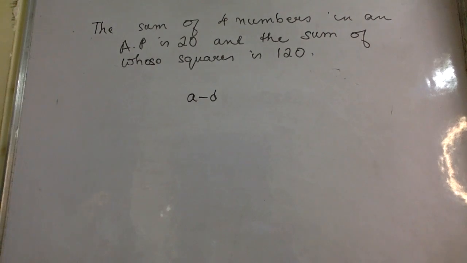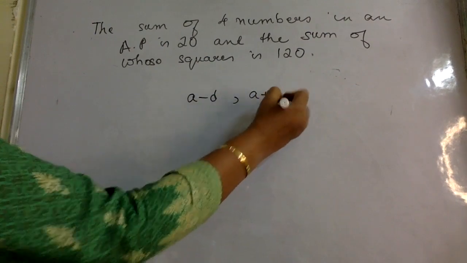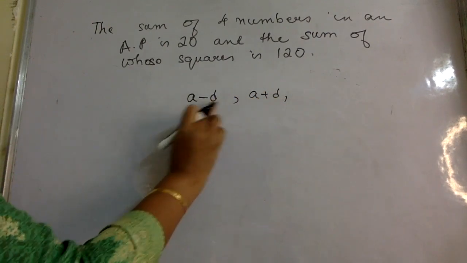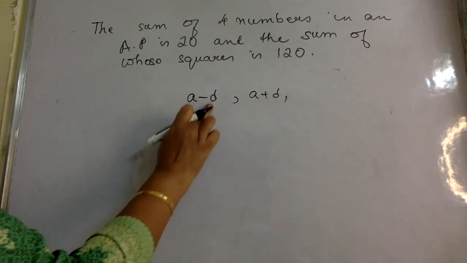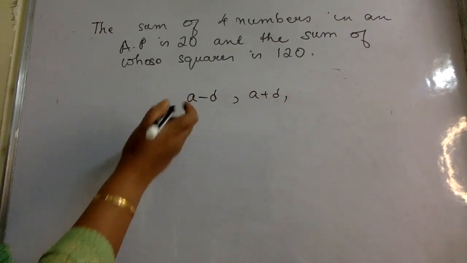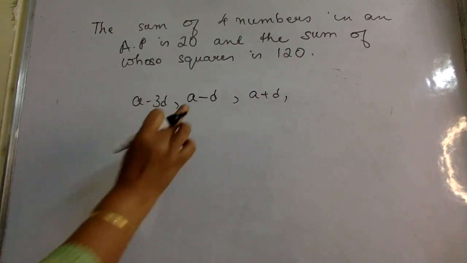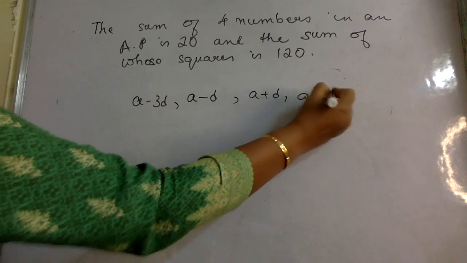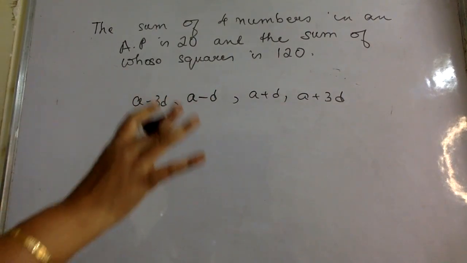Okay, and then the next term is going to be A plus D. Okay, so the common difference is 2D clearly, because if you add 2D to this, then you get this. Okay, then here it is A minus 3D, because I said the common difference is actually 2D, and A plus 3D. Now these are the 4 numbers which are in AP algebraically.